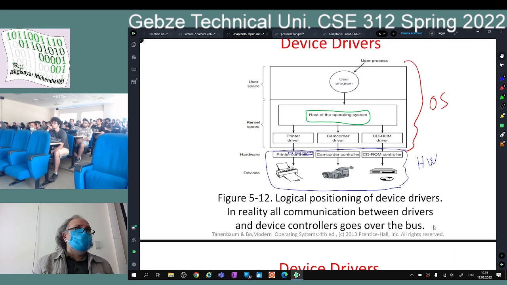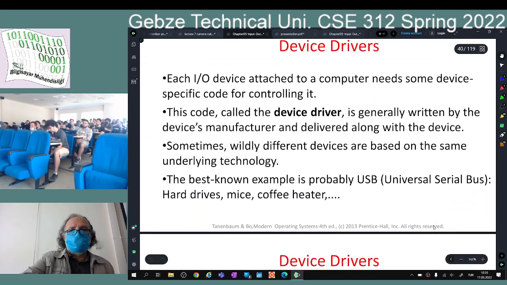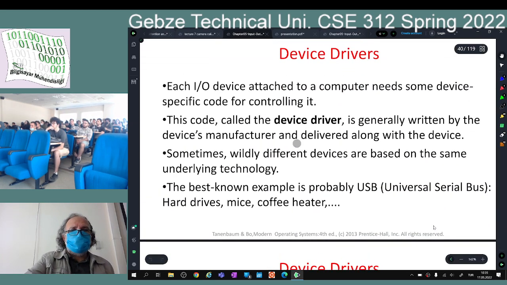So they sell their devices with the device drivers. Whenever you install a new device to your computer, you install a device driver with it, and it comes from the manufacturer of the device.